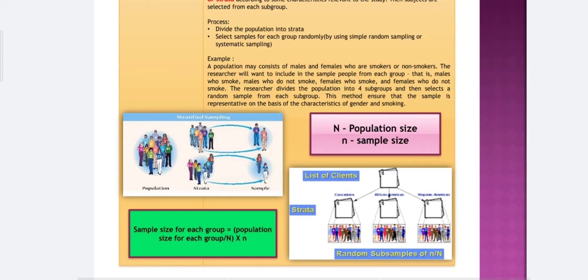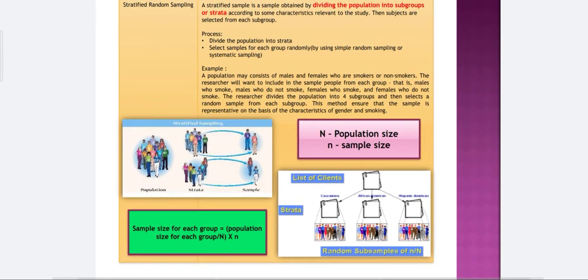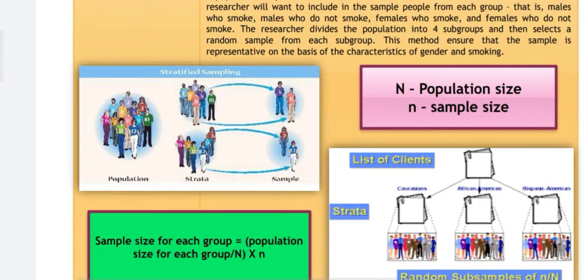Okay, so macam mana dia punya proses? First of all, divide the population into strata. Okay, so tadi kita dah divide into strata BM dan juga FSKM, ada dua group contohnya. Okay, and then next step, select the sample from each group randomly. Whether we can use SRS or we can use systematic. So contohnya kat sini, kita ada dua group strata. Daripada population yang besar, we divided into two strata.